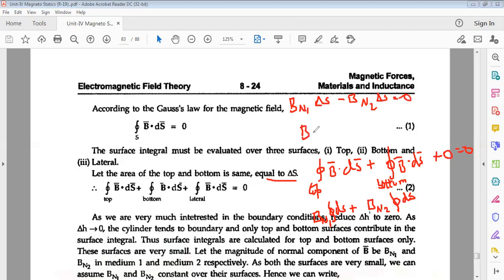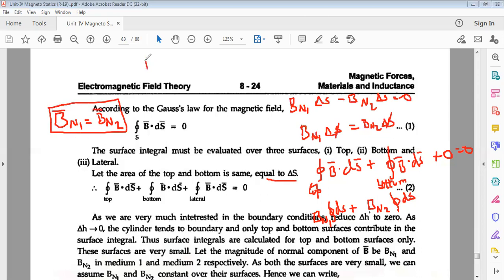Now BN1 delta S is equal to BN2 delta S. So delta S and delta S cancel. We got both are equal. BN1 bar is equal to BN2 bar.